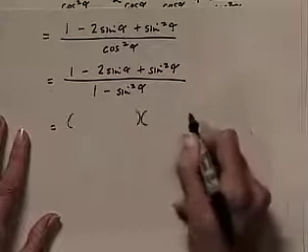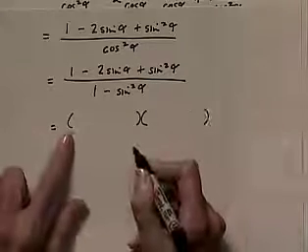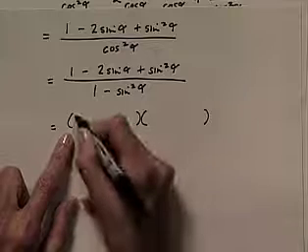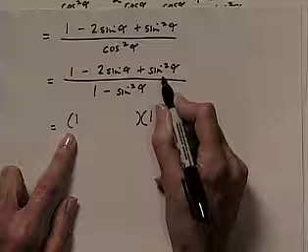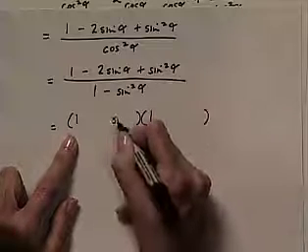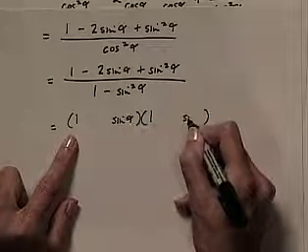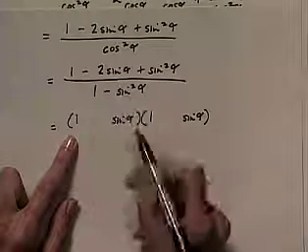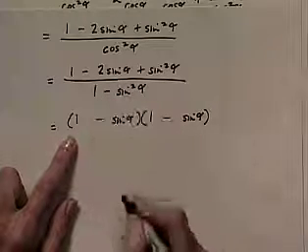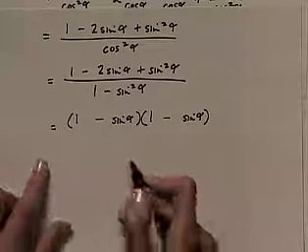In my numerator, I'll think about it in that FOIL type method. Notice that we have a 1, which can be rewritten as 1 times 1. My last term is sine squared alpha. That can be factored as sine of alpha times sine of alpha. And notice that in order to come up with a middle term of negative 2 sine alpha, I'll need to have a negative sign in both of those factors.